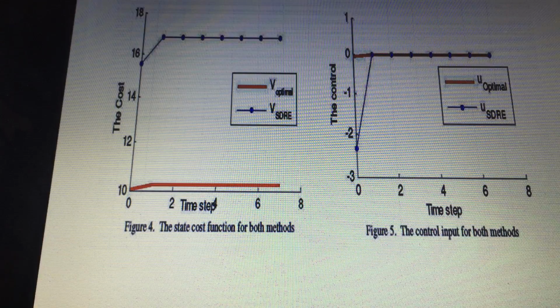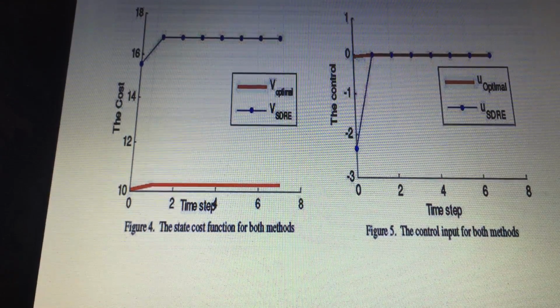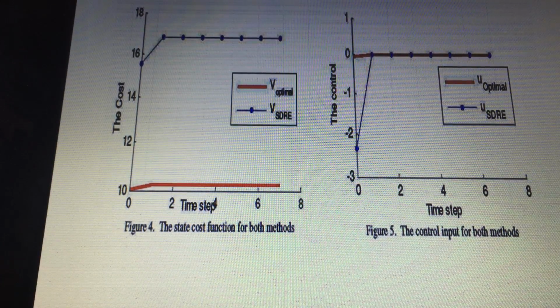The graph on the right shows the control inputs for the two methods, and it shows us that the control input for the HDP, the approximate dynamic programming, is most likely constant.